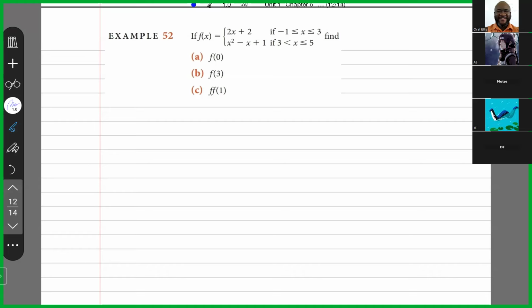So we can essentially see that this function is defined between x is equal to minus 1 and x is equal to 5 inclusive.